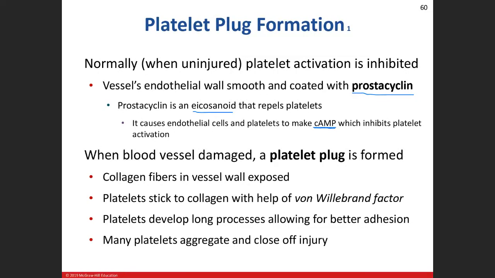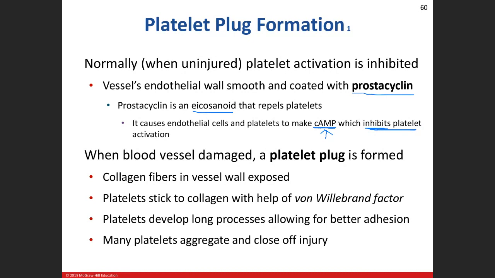Briefly talked about that when we were talking about adenylate cyclase and whatnot. So again, cyclic AMP is present in cells also. So it produces the cyclic AMP, and because of that, we cannot activate our platelets, which is good. We don't want them activated in normal circulation. When things are good, fine, we want our platelets inactivated.